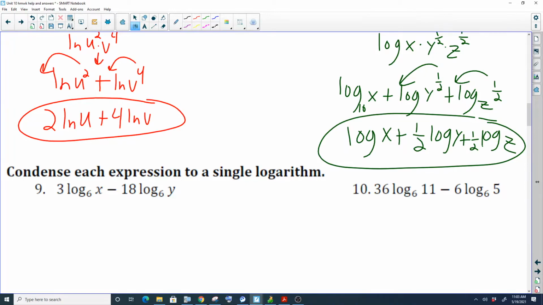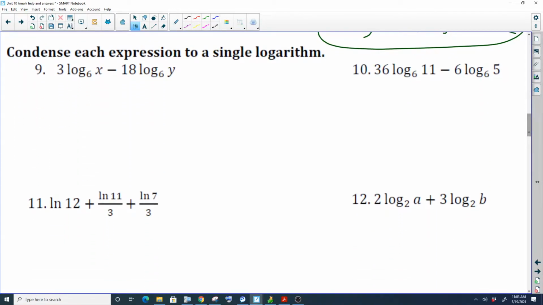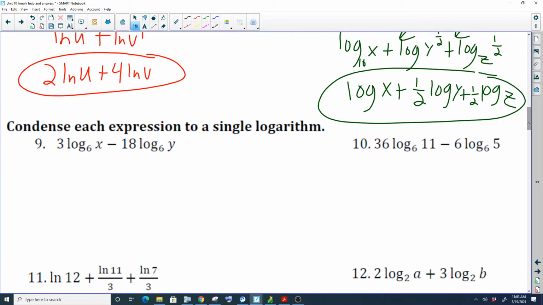Okay, so, condensing. So condensing is going the other way now, right? Going the other way. So we start off with subtraction. And we want to condense now, right? So that means make smaller, right? Make smaller, condense it. So if they have 2 logs, we want to take it down to 1 log.